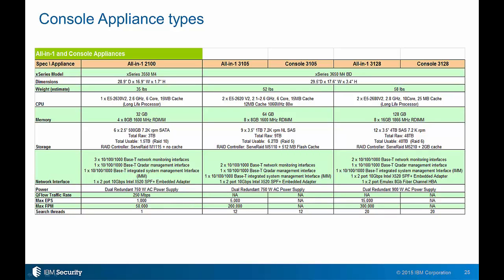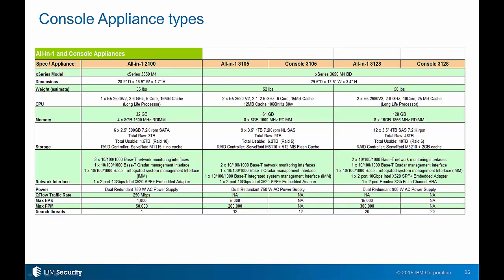The last console type is the 3128 appliance series. It can also be deployed in an all-in-one environment or in a distributed environment. This type of appliance is designed for larger environments. The appliance has 2.8 GHz 10-core processors and comes with 128 gigs of RAM and a total of 40 terabytes storage capacity.